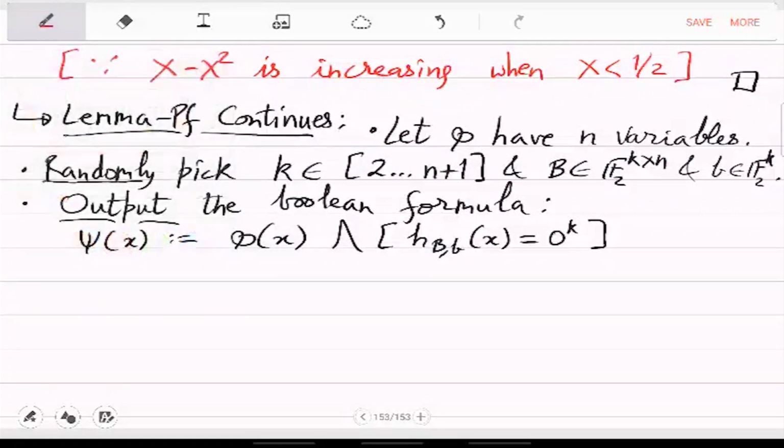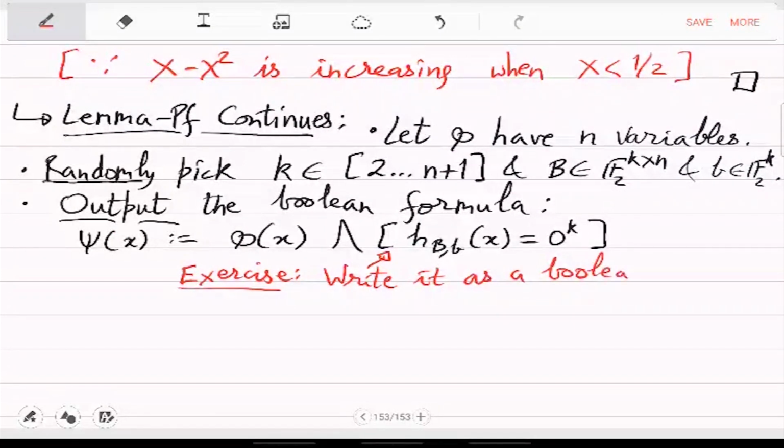So this, in case you are wondering, this condition can be written as a Boolean formula. It's not that difficult because you can think of a linear combination of x1 to xn using 0, 1 coefficients, setting it equal to 0, right.